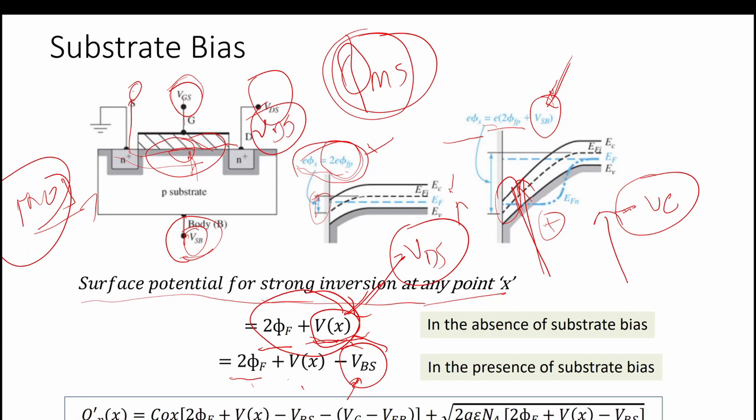This is in the absence of the substrate bias; in the presence of the substrate bias, this is the modified potential of the surface. The surface is this point, the interface of the oxide and the semiconductor.